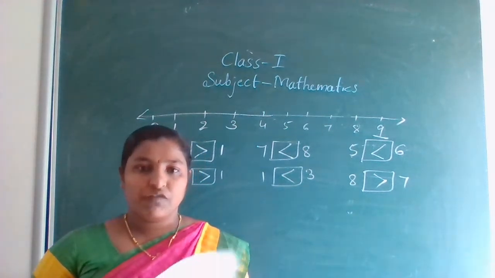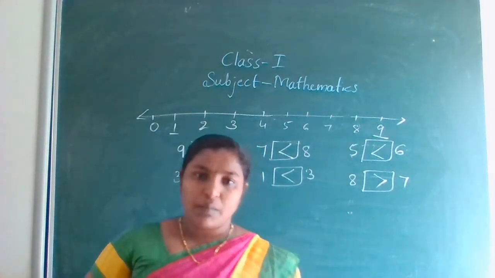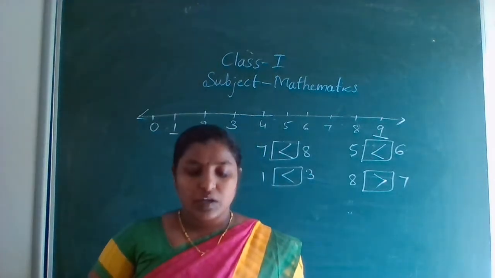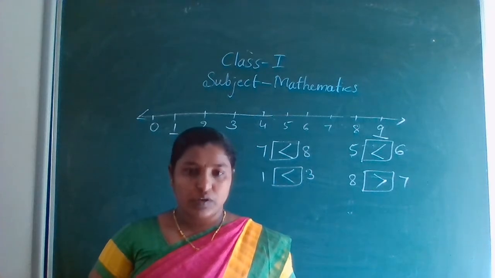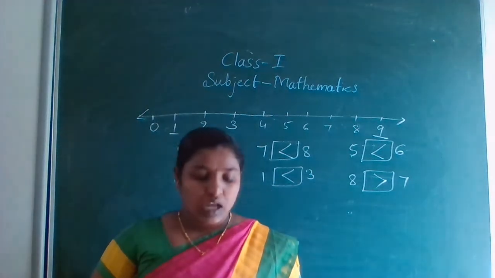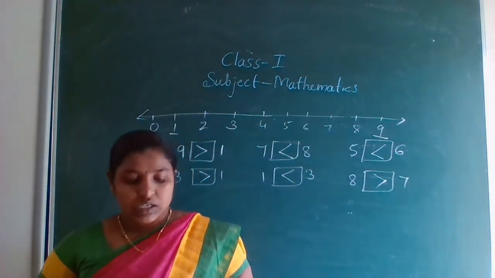Whatever objects we give, now you are able to count and write the number. Assign one and only one number to each object in the process of counting. Comparison of numbers from 0 to 9. Concept of 0. Let us practice.